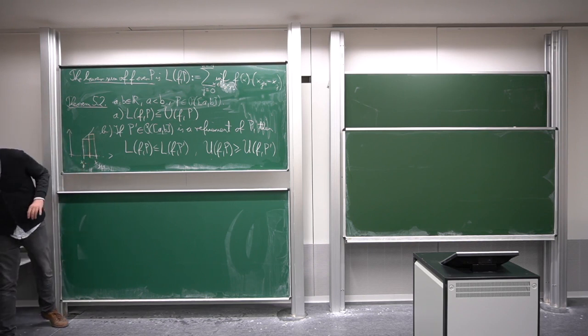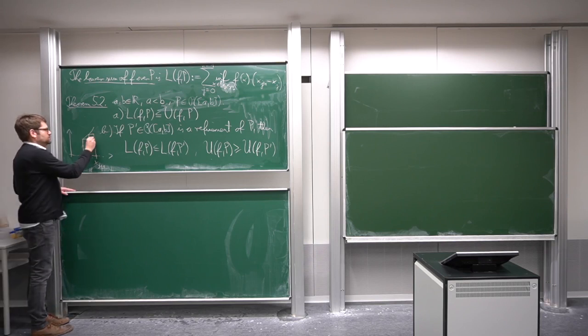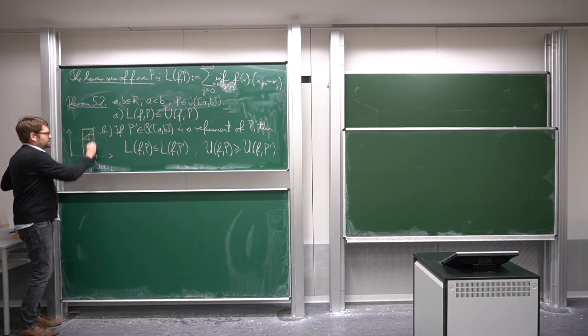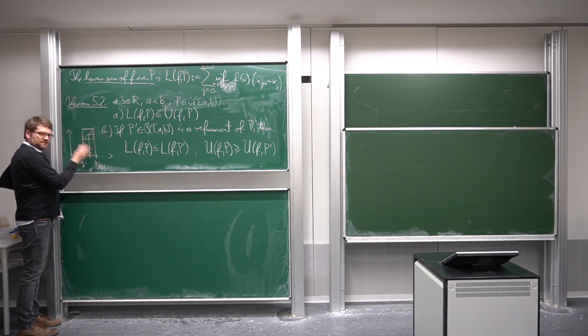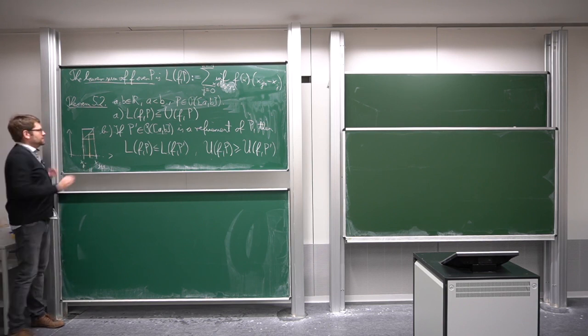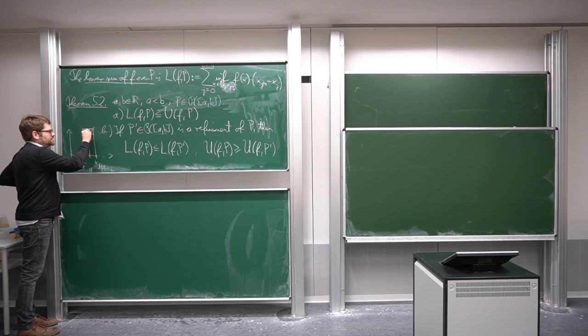In the same way, the rectangle that is part of the upper sum in here would be this big rectangle, something like this. So this big rectangle would be the part of the upper sum of the partition P. But if we insert this new point here, we would still take this pink rectangle here.